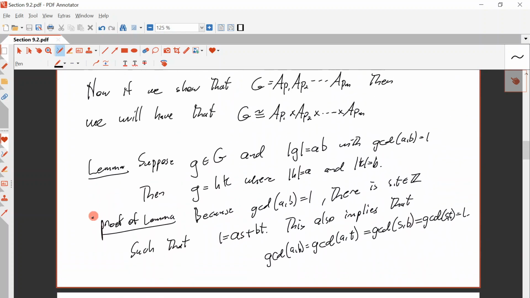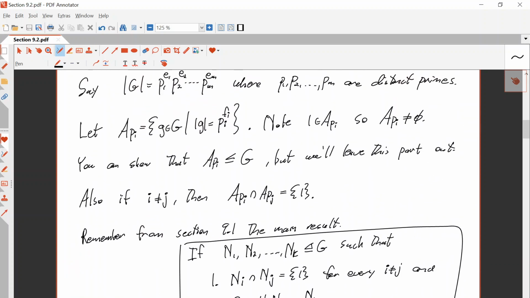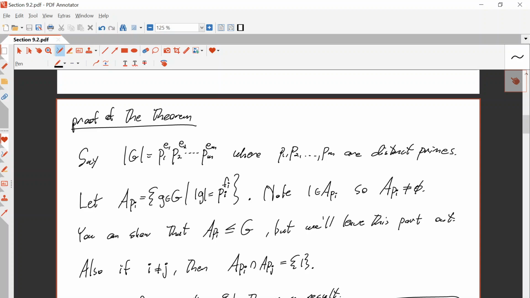So now, let's go back to G. Right? We have these subgroups of G, API. It's the set of all elements of G whose order is a power of Pi, where Pi is a prime.